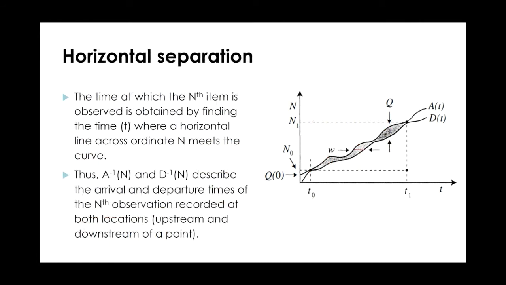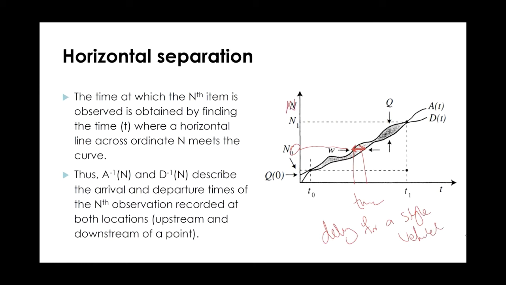And as I said before, the horizontal difference is representing the time that it takes for this specific vehicle to leave. So this is time, so that is delay for a single vehicle.